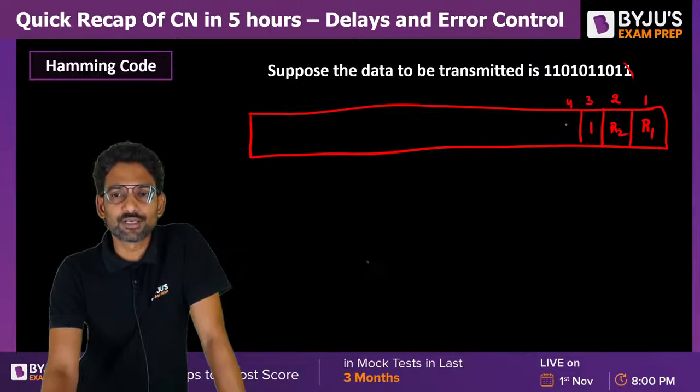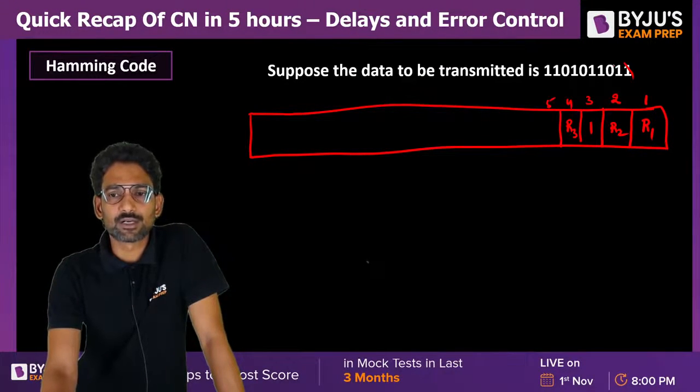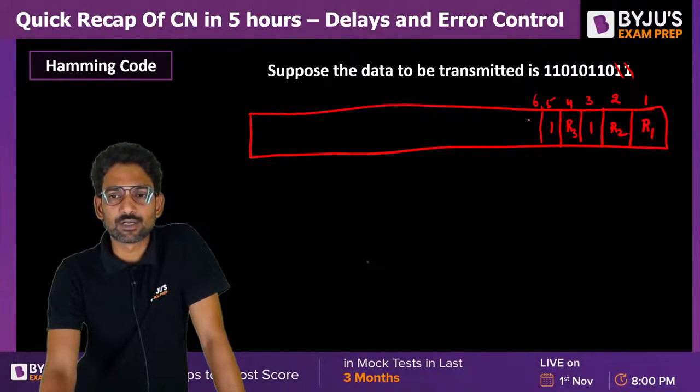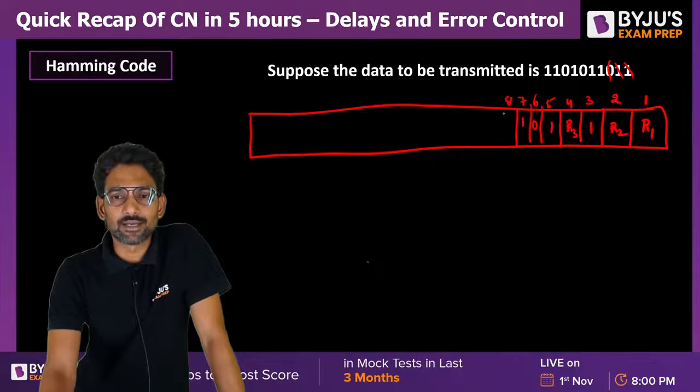Fourth position is a redundant bit position, so write it as R3. Fifth is not a redundant bit position, so place a data bit. Sixth is not a redundant bit, so place a data bit. Seventh also a data position. Eighth is again a redundant bit position. Ninth is a data bit position.